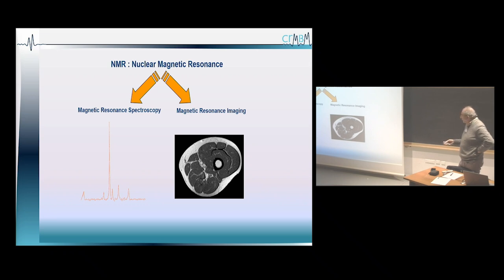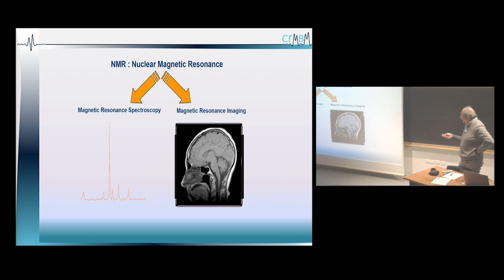You can also, of course, do spectroscopy of proton if you want, and depending on the organ, it can be interesting or not. You are very familiar with this. This is maybe 90% of the application of MRI. This is MRI of brain, but even if brain, you don't see much more than water and fat, and maybe some liquid, but it will be related to fat.